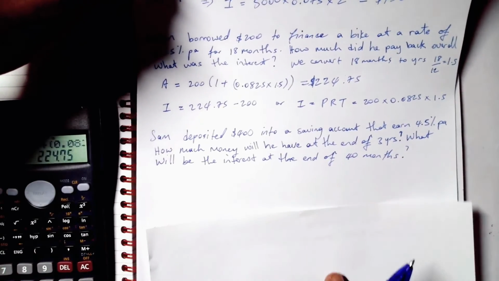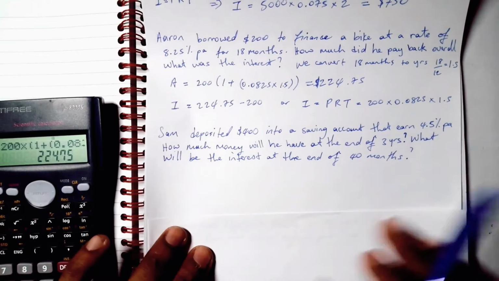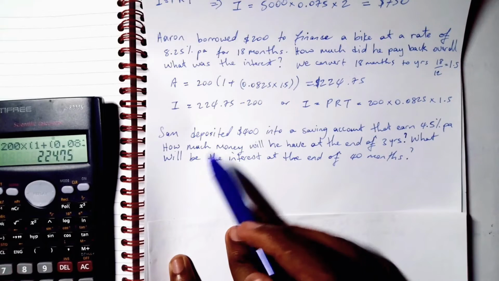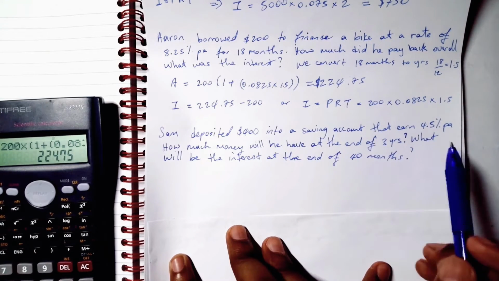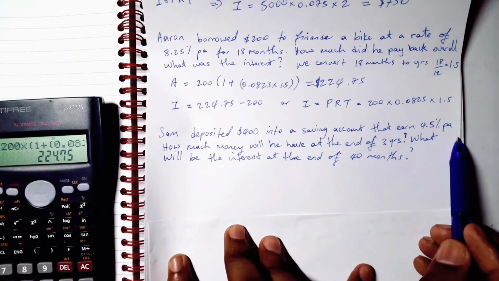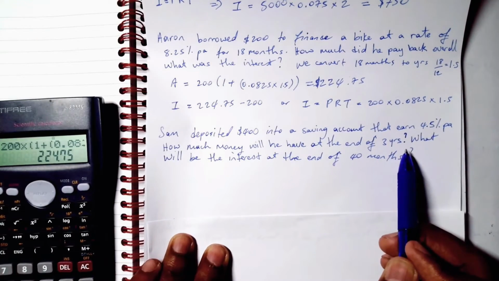Another example. Sam deposited $400 into a savings account that earns 4.5% per annum. How much money will he have at the end of 3 years?